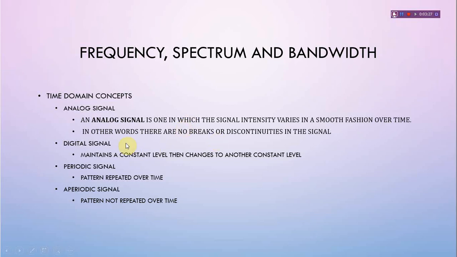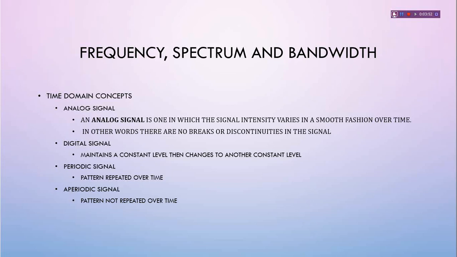In other words, there are no breaks or discontinuities in the signal. Digital signal maintains a constant level then changes to another constant level. Means in digital signal there are two levels.